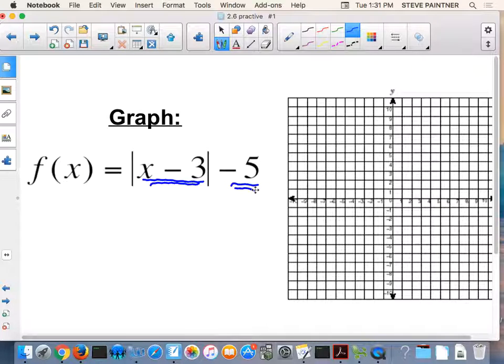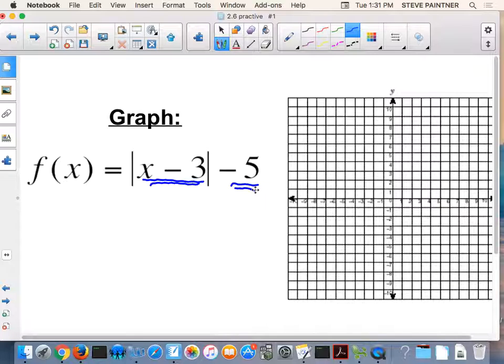Okay. Now, inside grouping symbols, I don't care if it's parentheses, I don't care if it's brackets, I don't care if it's absolute value symbols, inside is a what kind of transformation? Left and right. That's really all I wanted you to say. But now when you look inside, you go, a -3 seems backwards, doesn't it? It's not.